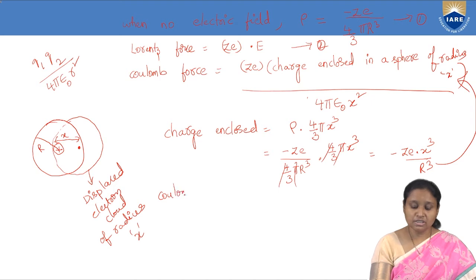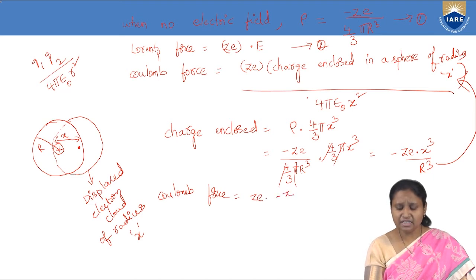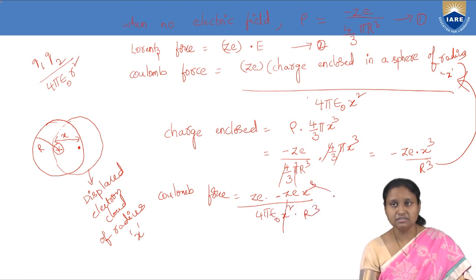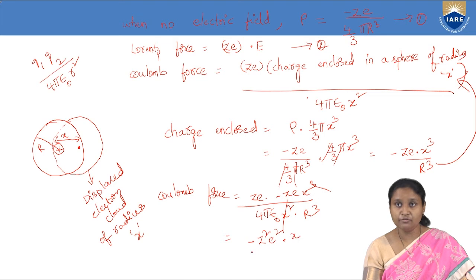So we have our Coulomb force as Ze into minus Ze x cube by 4 pi epsilon naught x square into r cube. Then this x square and this will get cancelled. So ultimately we are left with minus Z square e square into x by 4 pi epsilon naught r cube.